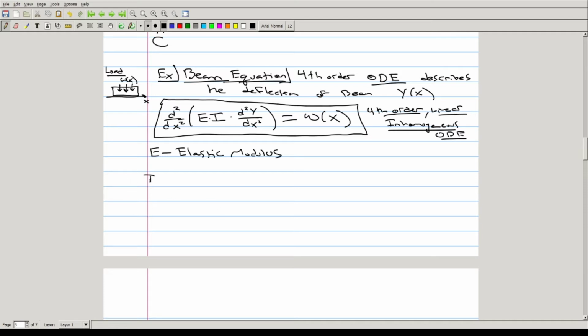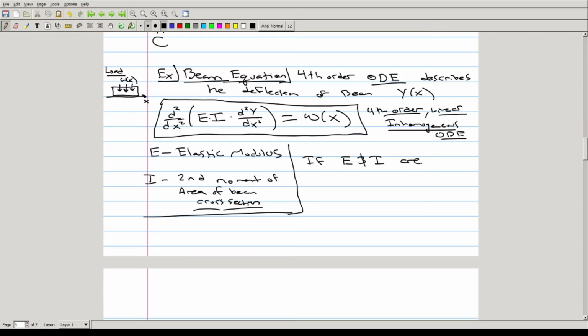And I is called the second moment of area of the beam cross section, which in general both of these can be functions of x, but in the case that E and I are constant, you get that this differential equation also reduces to a fourth order constant coefficient inhomogeneous equation.